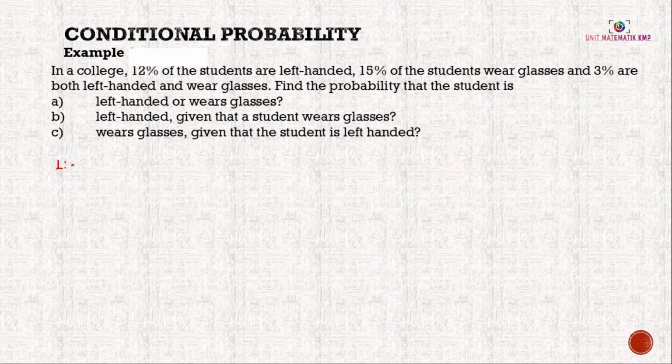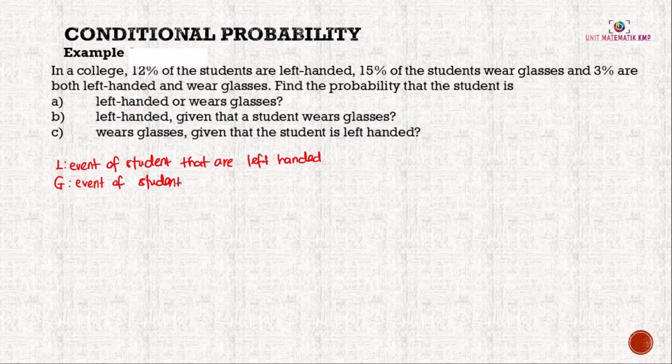We name our event as L, event of students that are left-handed, and then the ones who wear spectacles, so we put G as an event of students wearing glasses.